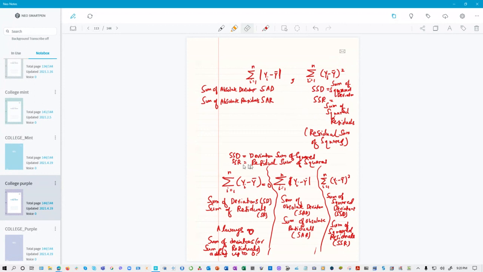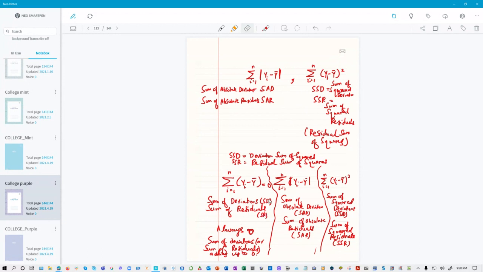Okay. So SSD and SSR, those are the two ways of doing that. Look at what happened. We don't do anything, no remedies. You're going to get the deviation or residual, the sum of residual. This is the sum of deviation, or sum of residual.